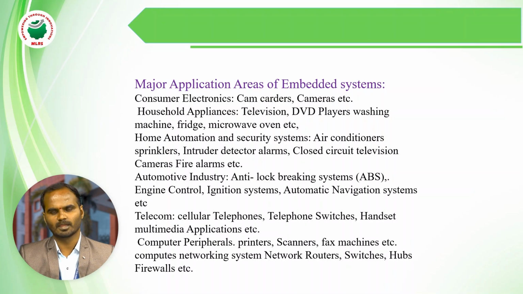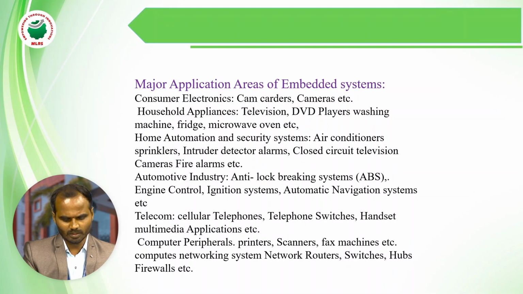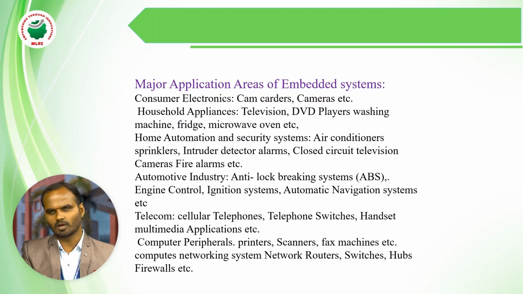In four wheelers we have anti-lock braking systems, ABS, which are specialized for motor vehicles and are already inserted into the car itself. Also engine control, ignition system, and automatic navigation systems. Nowadays we all use Google Maps navigation.